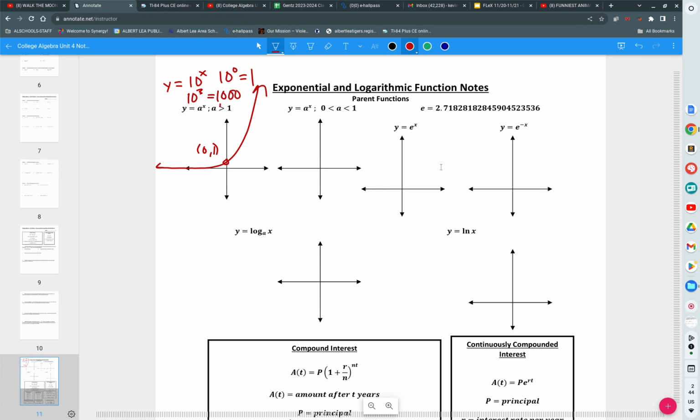So do you see that as you move to the right, it gets large very quickly? And then what if I have 10 to the negative 3 power? That's not 1,000, but 1,000th. That's 1 over 1,000. See how it's going to get super, super, super small?